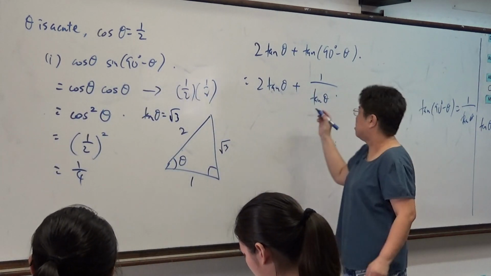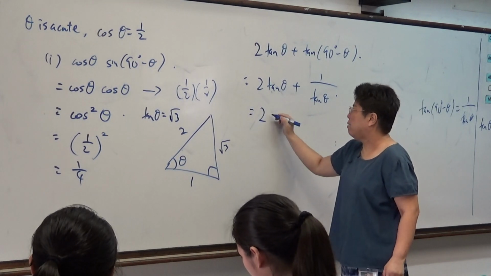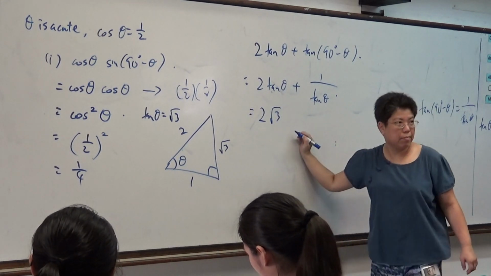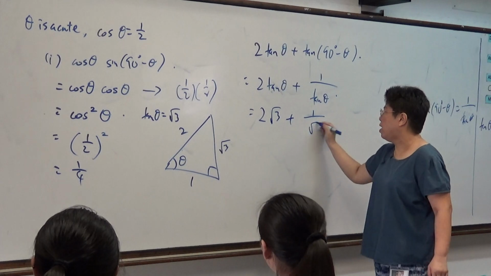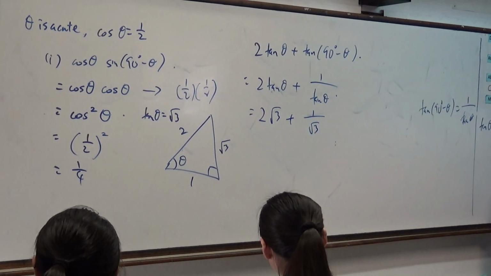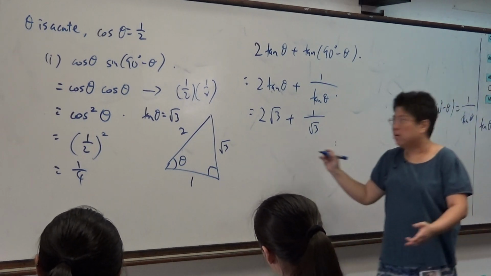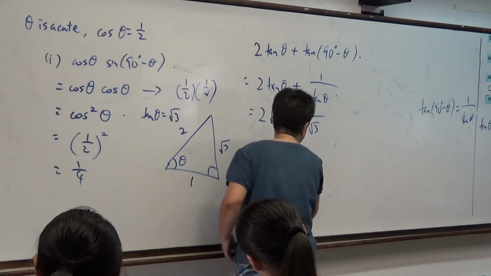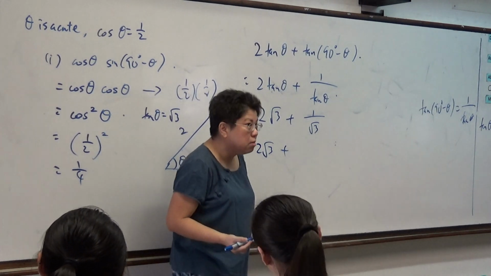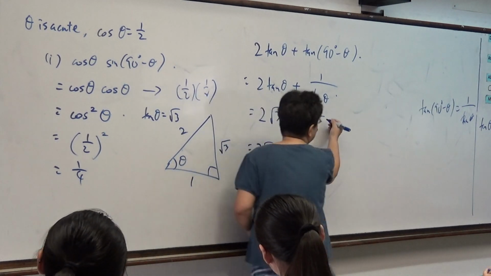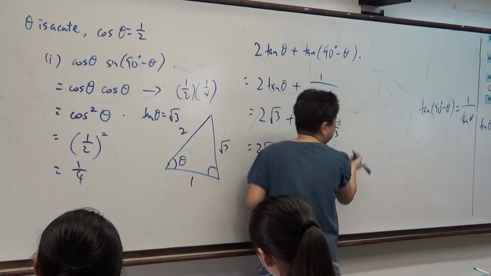Okay. Alright, so this one will be 2 times root 3, right? Plus 1 over root 3, right? Everybody okay? But I told you, this is surds, cannot leave like that. So this is 2 root 3. Do you remember how to rationalize? This one times root 3 over root 3, actually I multiply by 1.